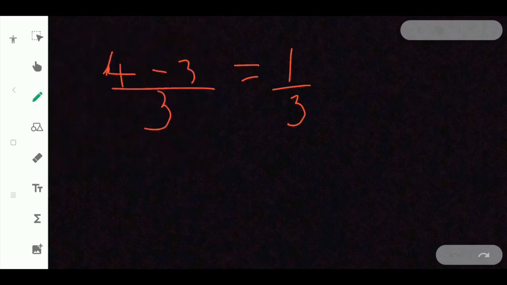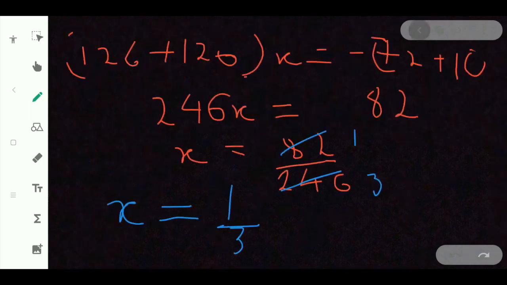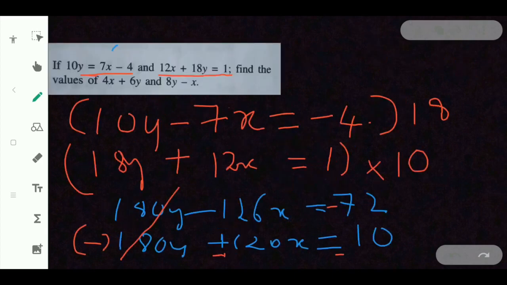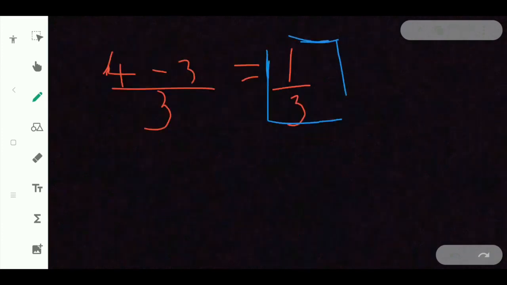We got our first part of the question. So we got 4x plus 6y is equal to 1 by 3.